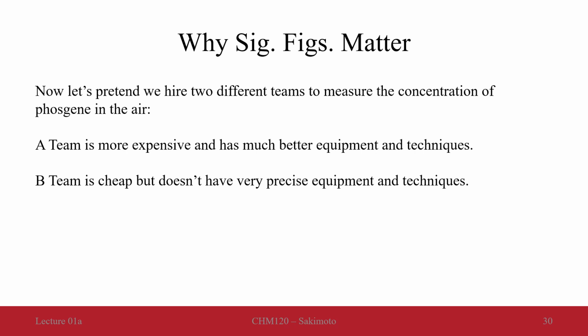We spend more money, it's more costly, but they have better equipment and techniques, a more precise set of equipment, more precise techniques with more significant digits or more significant figures. We may also consider hiring Team B, which is cheap, very fast, but they don't have very precise equipment. They don't have very precise techniques. What's the difference between hiring these two teams? When might it matter? Let's take a look.